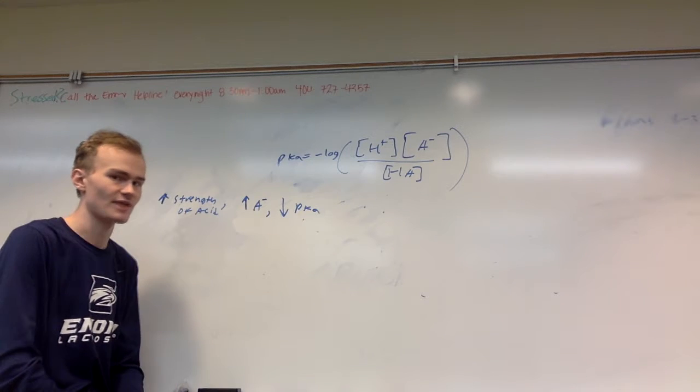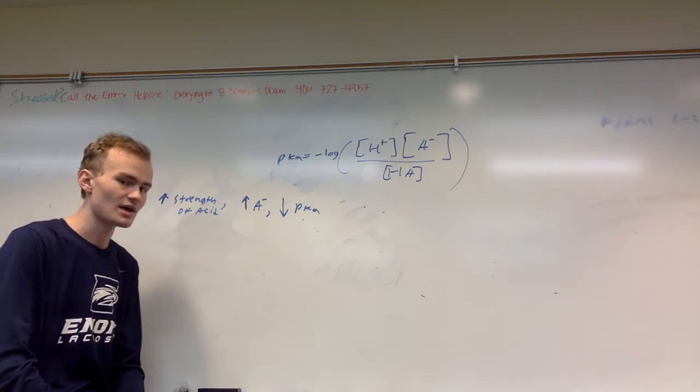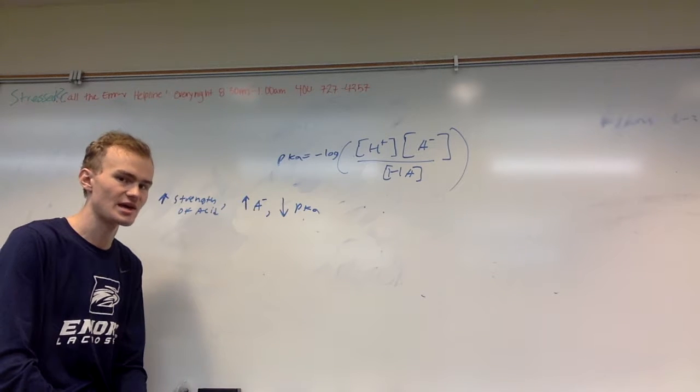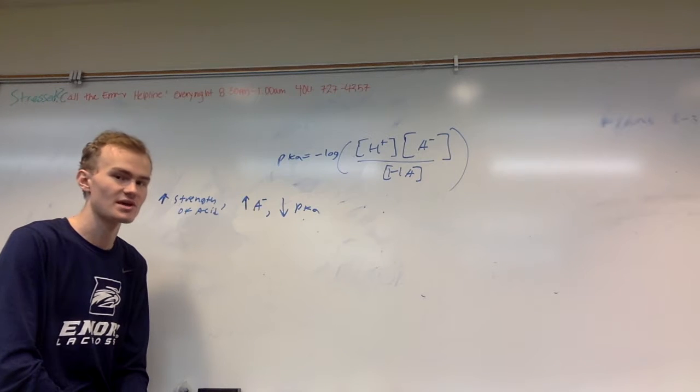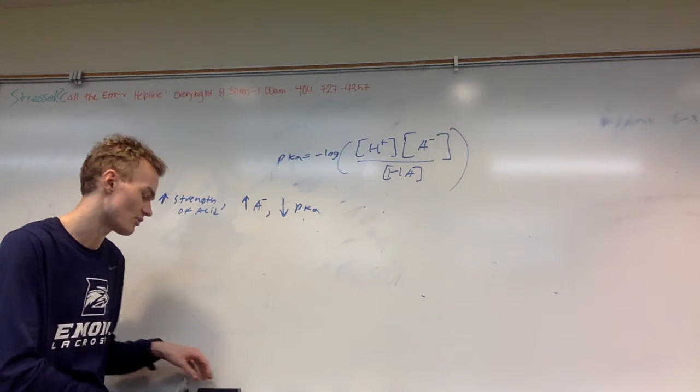Okay, so that's how it works. There's a pretty good table of pKa's that you can look up, and in the video I'll have an attached image of that pKa table because that'll really help you a lot, I think.